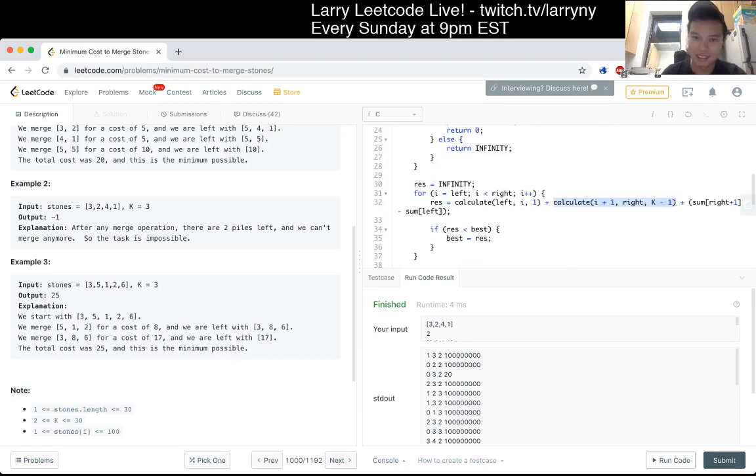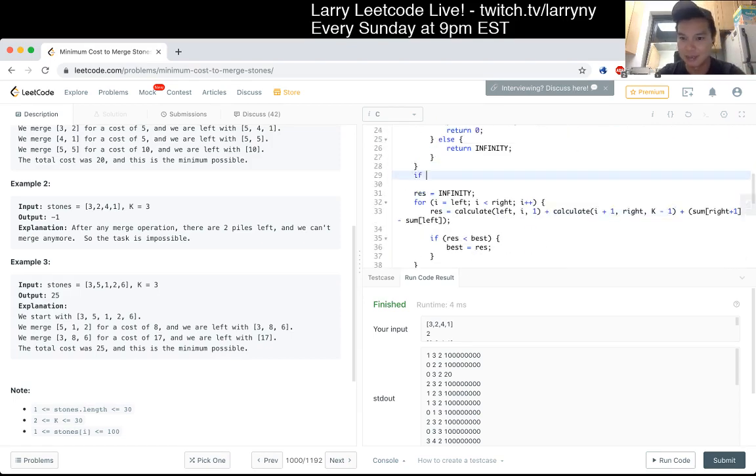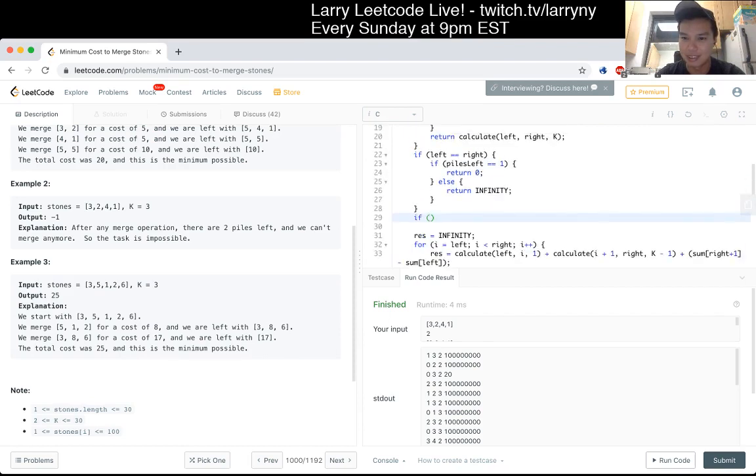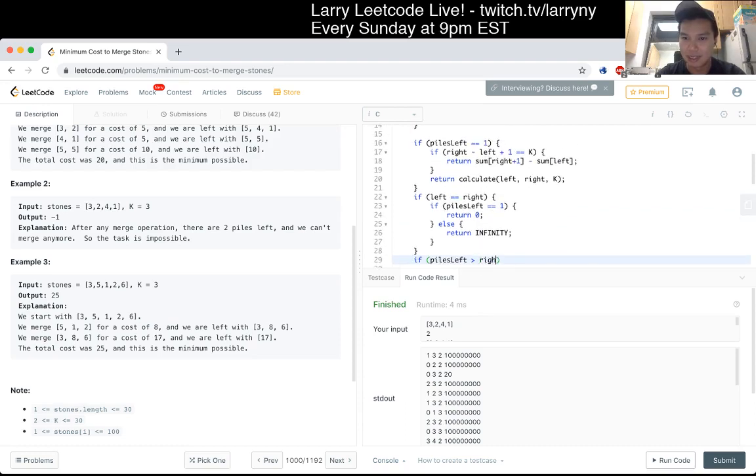Also, maybe I could do another quick base case, which is if left is bigger than right minus left, 3 power left minus 1 or plus 1.